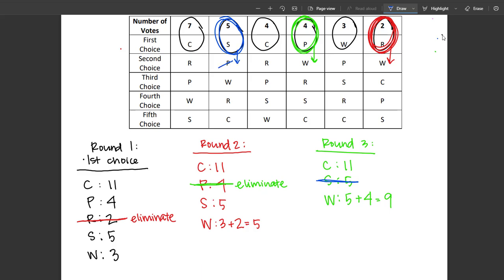Producers has been eliminated, so we have to give it to the next one, which is West Side Story. So round 4. Cabaret still has 11. West Side Story has 9, plus these 5 votes gives them 14. We eliminate the lowest one, which makes West Side Story the winner.